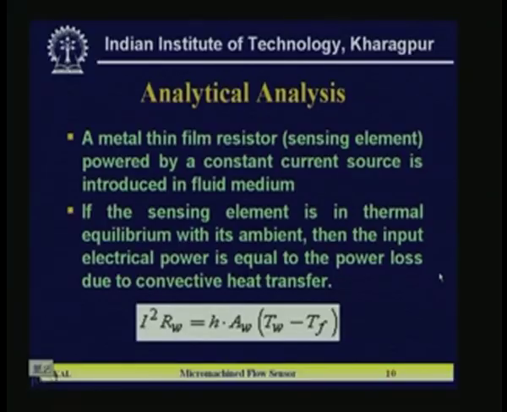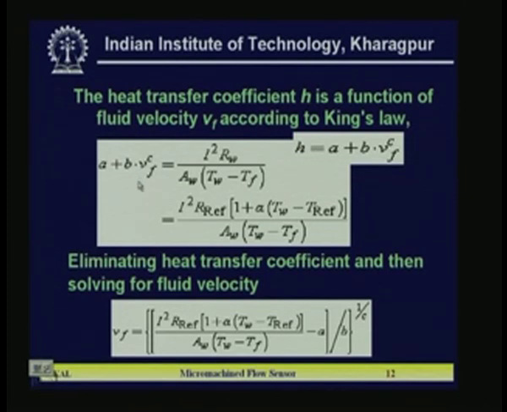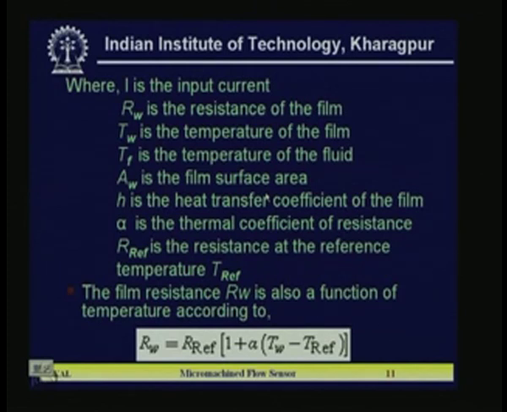Yes. So you can see this equation, I square RW is equal to H dot AW into TW minus TF. So from this equation, H will be given by I square RW divided by AW into TW minus TF. So the H value is substituted here, and then you are getting I square RW divided by AW into TW minus TF, which is again, in the second equation RW is put, because the second equation is RW is equal to RF, R reference, into 1 plus alpha into TW minus T reference.